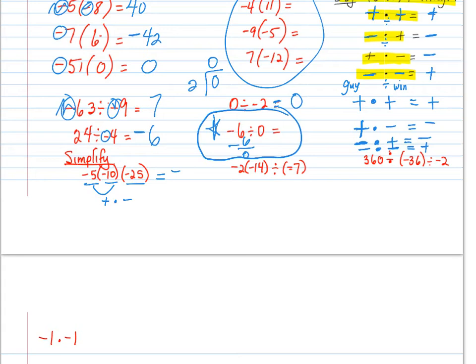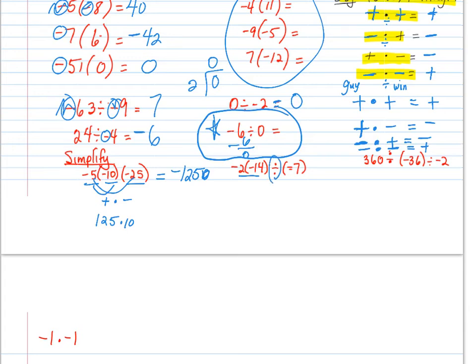And then it doesn't really matter how you do this. I'm going to make it easier on myself. I'm going to take 5 times 25 because I know that's 125. And then multiply by 10, that's 1,250. So I get a -1,250.